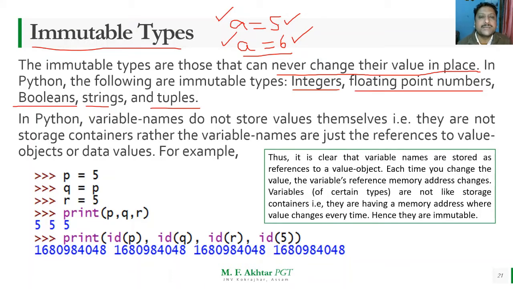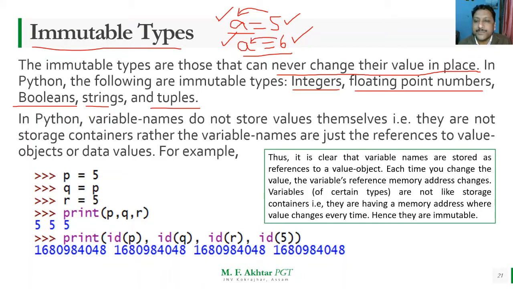Meaning these values are already stored in memory and some address is given for those values, and whenever we give a variable name, these variable names just reference those values which are already stored in the memory, and a memory address is assigned to those variables. And later, if we assign different values, then a different address is stored with the variable a.